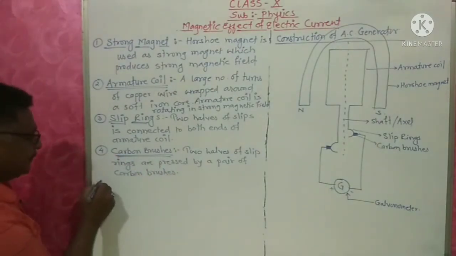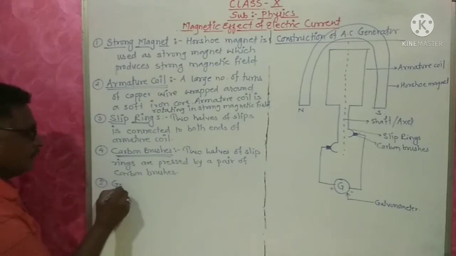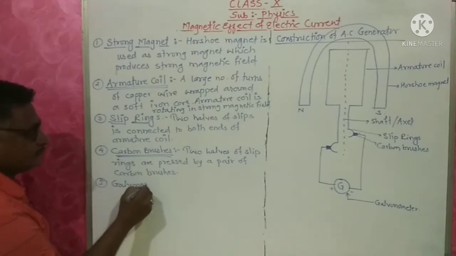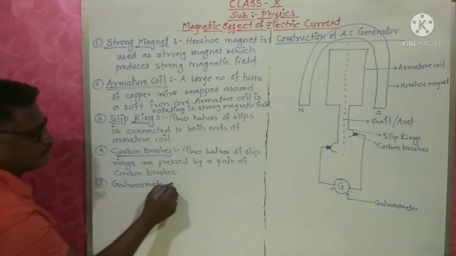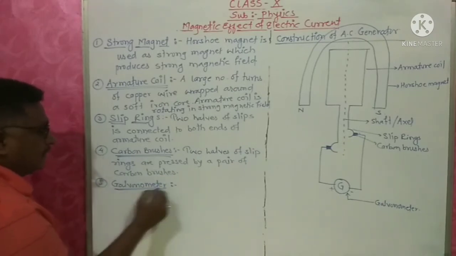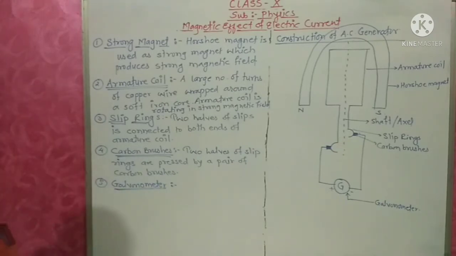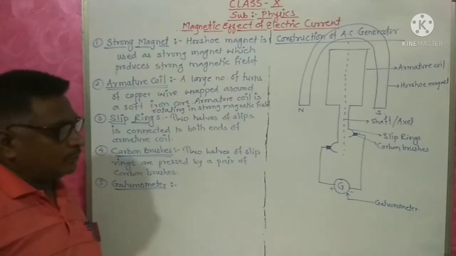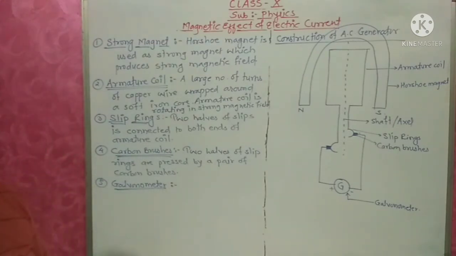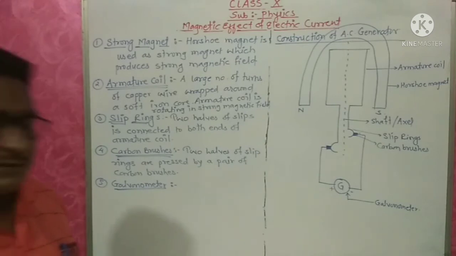And then fifth, galvanometer or bulb. Either one we can use; both do the same work, to detect the current in the circuit.